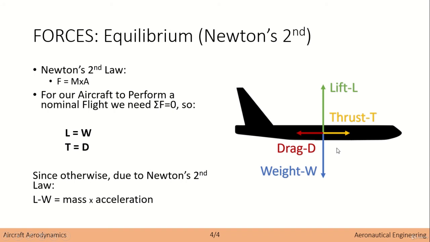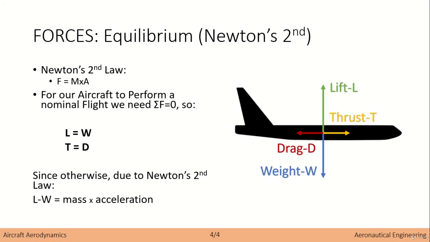Of course, when you're taking off, the lift has to be bigger than the weight, because otherwise you just cannot take off. The aircraft would just stay on the platform, and that's not what we want. So depending on the operation, you need to adjust the variables relative to each other.